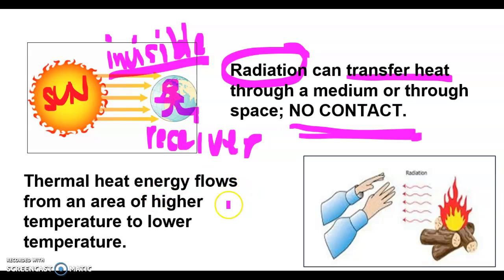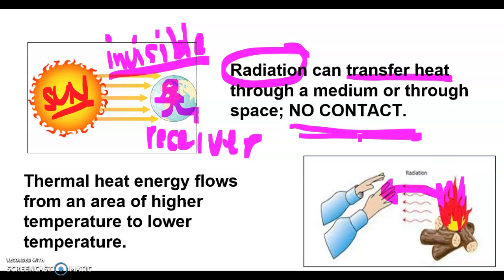Thermal heat energy flows from an area of higher temperature to a lower temperature. In that case, the area of higher temperature is the sun, and the area of lower temperature is us on Earth. The same as this: when you feel cold and you place your hand on top of this fire, you're not actually touching the fire, but you can feel that heat is transferred from the fire to your hands.